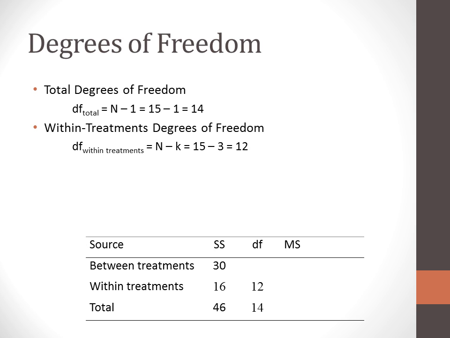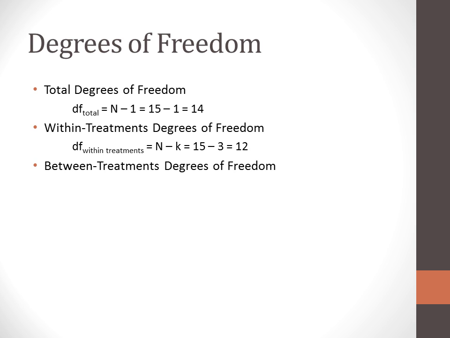And now you should be able to eyeball this really quick and guess what our degrees of freedom between treatments is. You should guess that it would be a value of 2, but let's use the formula. The between treatments degrees of freedom is noted by df subscript between treatments, and it is simply the total number of groups subtracted by 1.